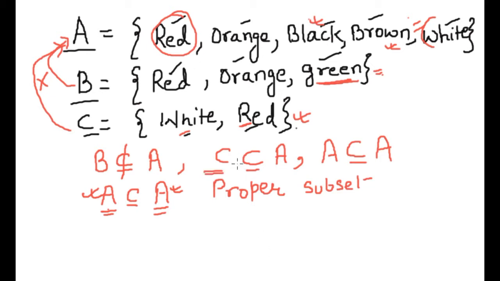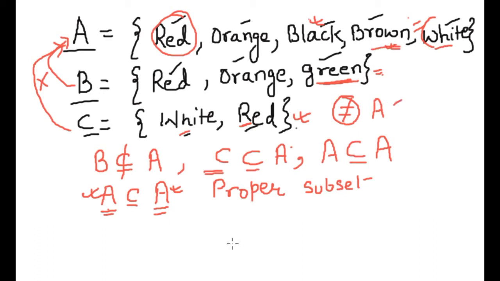It means all elements of C must be available in A, but C cannot be equal to A. There must be one or two elements extra in A.